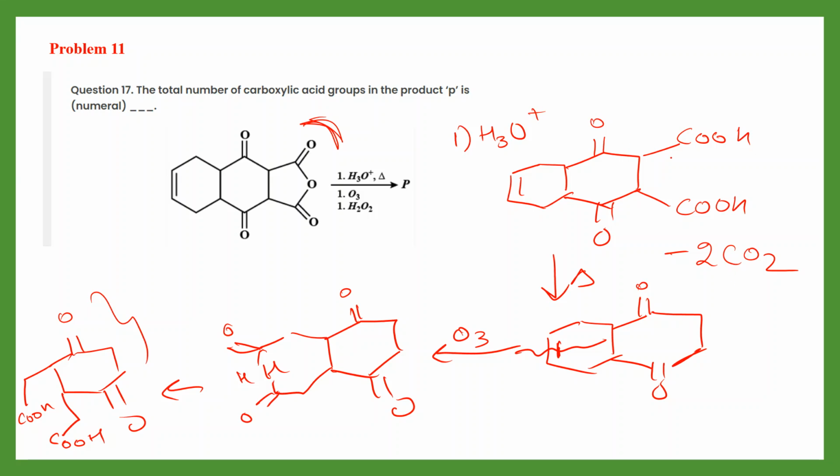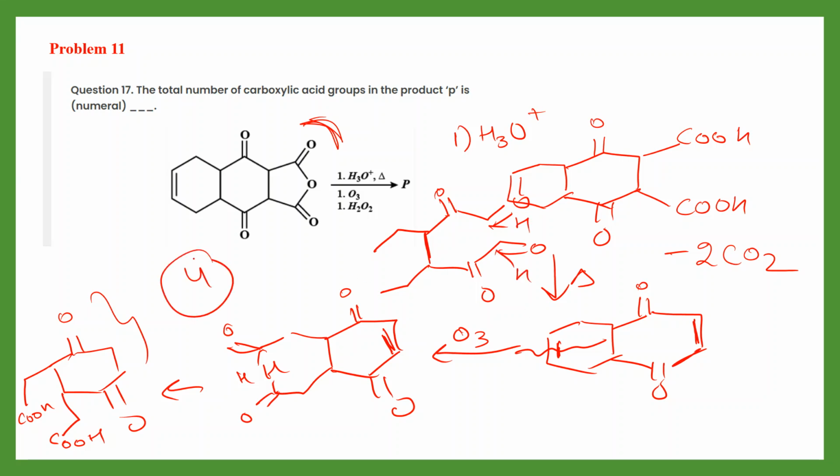You have made one mistake here. On removal of these two acids, an alkene will also form. So on ozonolysis, it will form like this. So in total, we are going to have four carboxylic acid groups in our product.